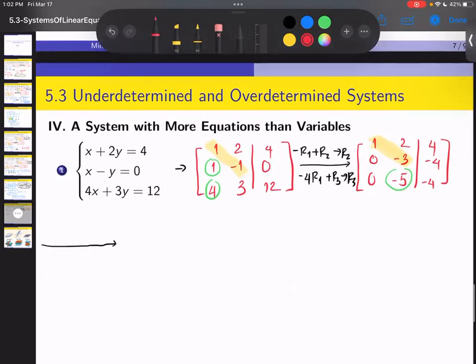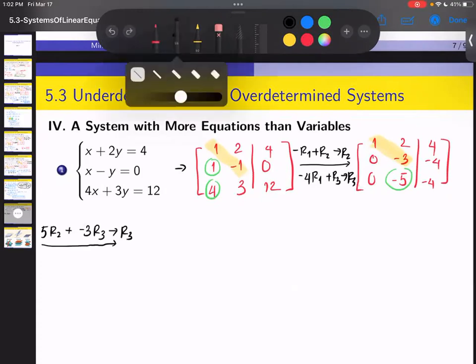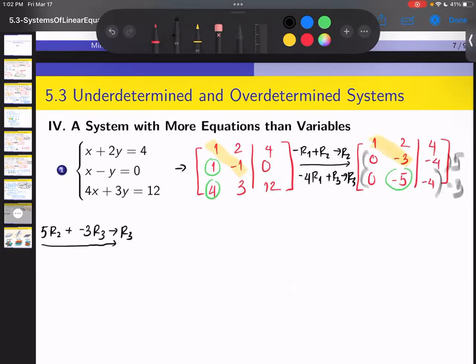So I'm going to take 5 times R2, add to negative 3 R3, give me new R3.